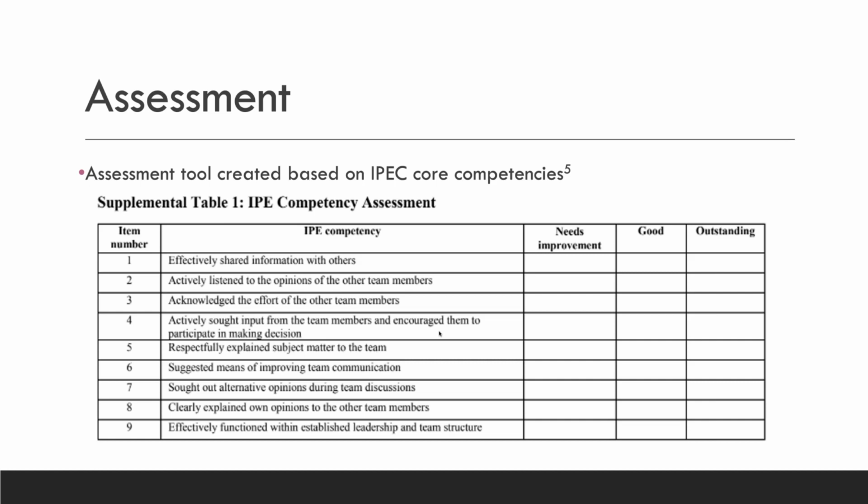So this looks at different competencies of interprofessional education, things like effective communication sharing, respectful communication, suggestions on improving team communication and things like that. So again, the faculty, the standardized patient, and the peers assessed each other using this assessment. And the medical student's grade in the end was based on the conglomeration of all of these assessments from the faculty, the standardized patient, and their peers.